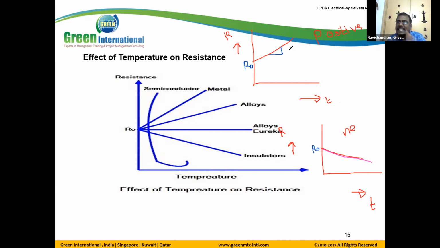How to categorize conductor and insulator? If it has a positive temperature coefficient, it is categorized as a conductor. If it has a negative temperature coefficient, we call it an insulator. So insulators always have a negative temperature coefficient, and conductors always have a positive temperature coefficient.